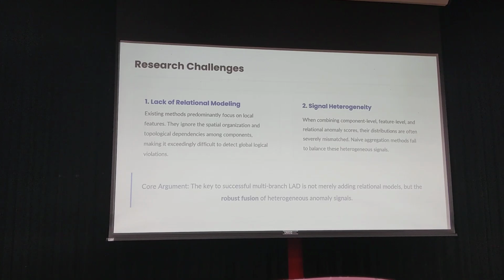So for this kind of data, it is not enough to only look at local appearance. We need to consider three kinds of information at the same time: component level information, feature level information, and relation level information. That is the motivation for using a multi-branch design.